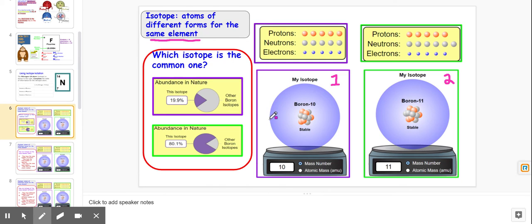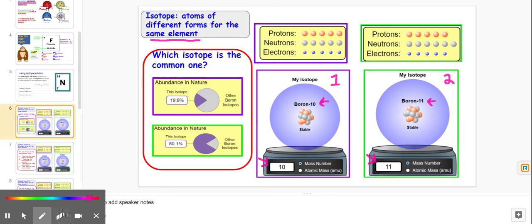If we look at the first isotope, the name of the isotope is boron 10. And we can see that if we put it on a scale, the mass number is 10. So that's where the name boron 10 comes from. The second isotope, if we put it on a scale, has a mass number of 11, and the name of the isotope is boron 11.